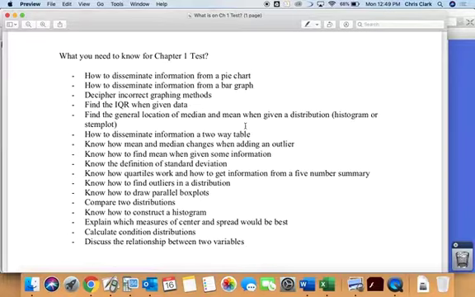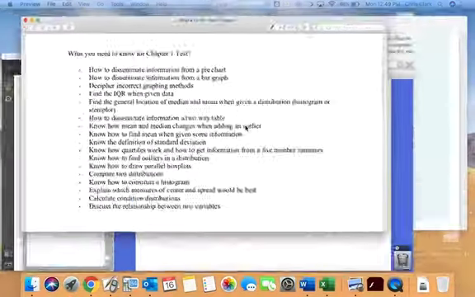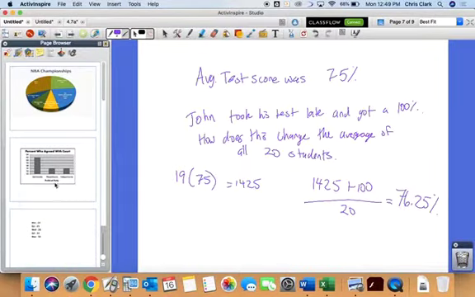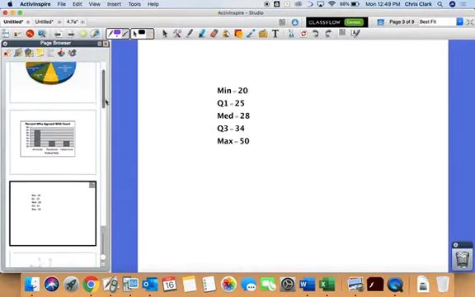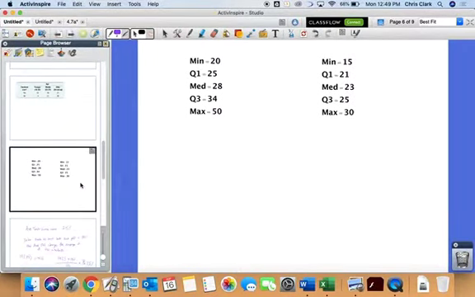Okay? You got to know how quartiles work and how to get information from a 5-number summary. I have an example here that has just some data, a minimum, Q1, median, Q3, and maximum. So if I were to draw a box plot of this information, I'm actually going to do that down here because I don't want to do it twice.